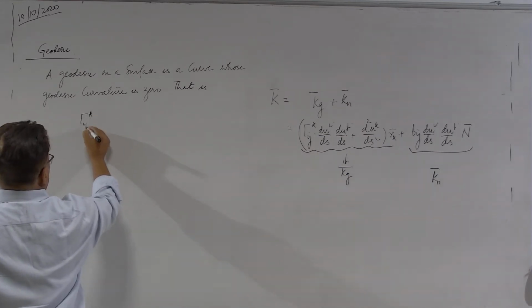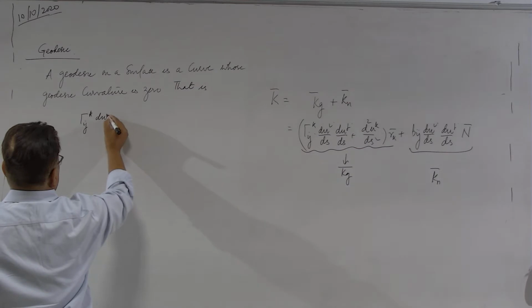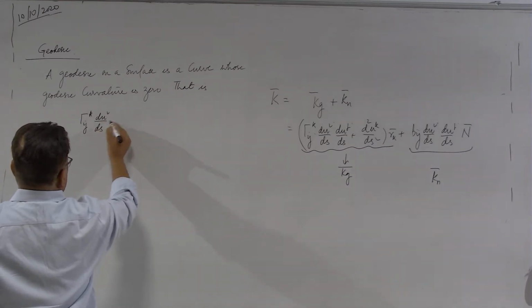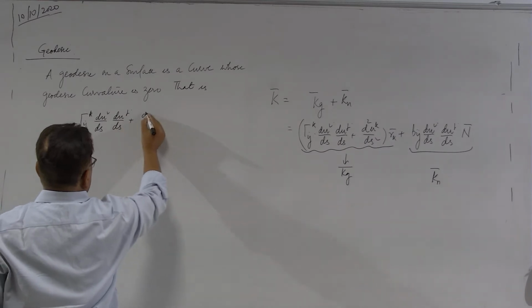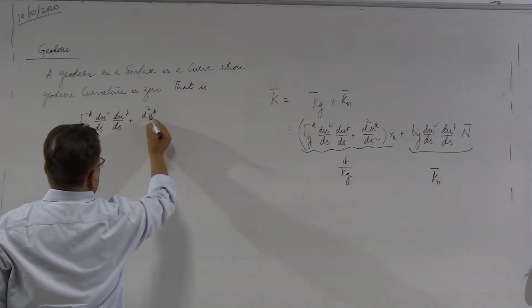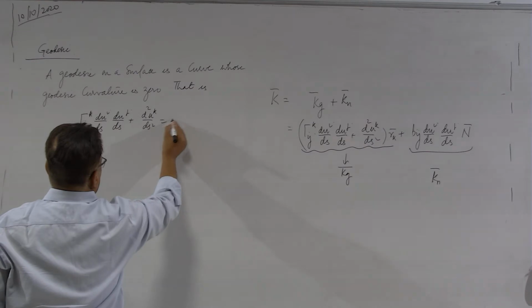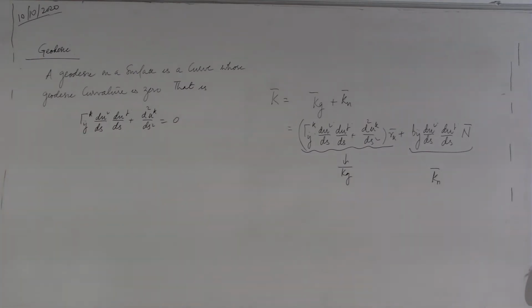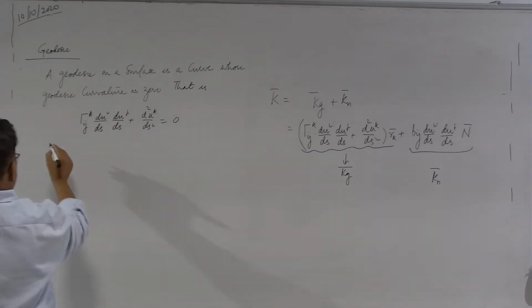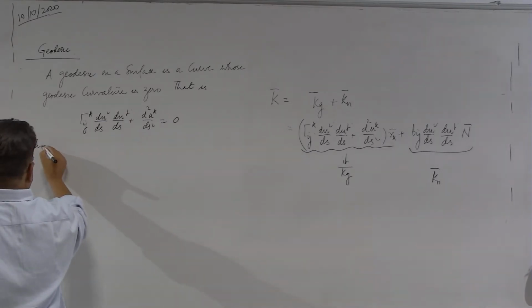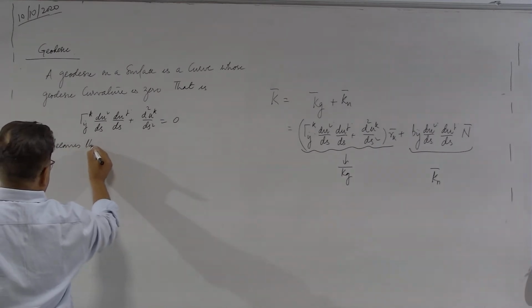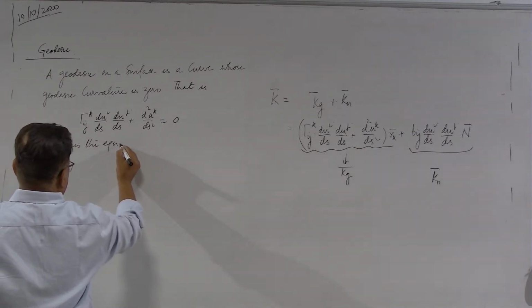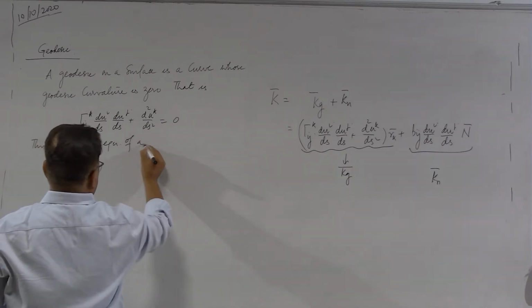So, gamma k ij dui upon ds duj upon ds plus d2uk upon ds square equal to 0. So, this becomes the equation of a geodesic.